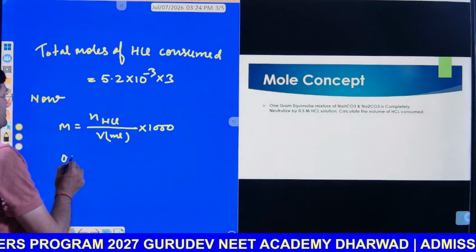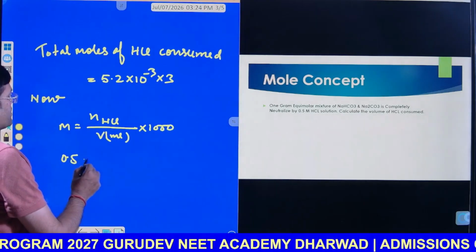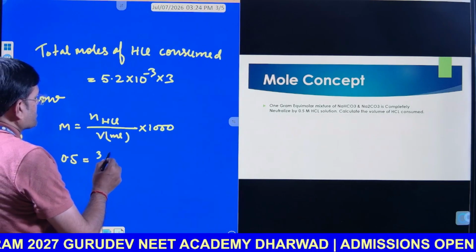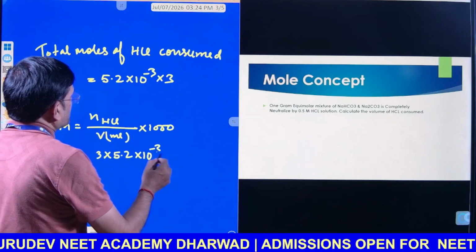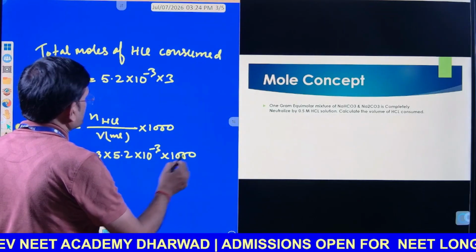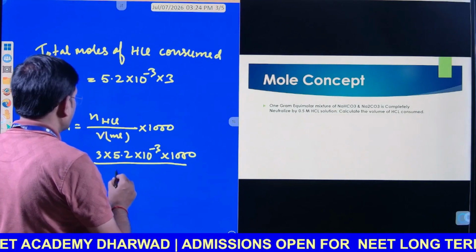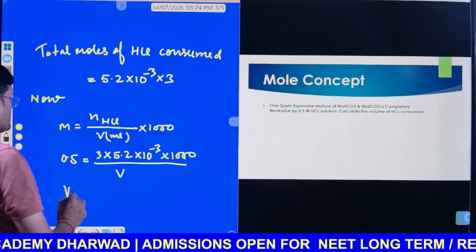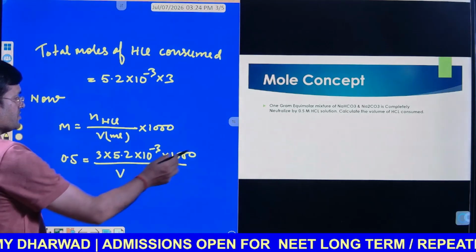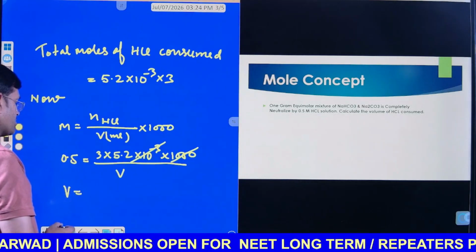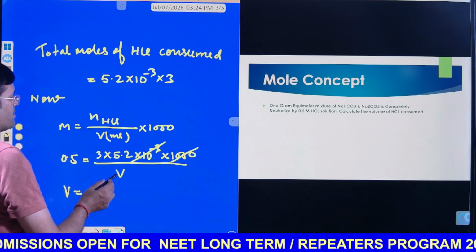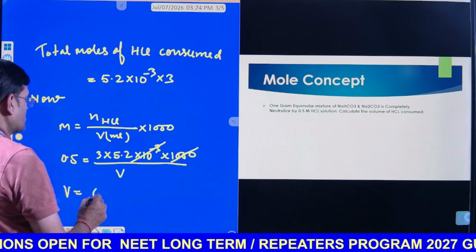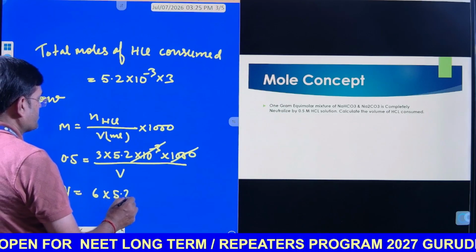Molarity of HCl is given as 0.5, right? Number of moles we have just calculated, so 0.5 equals 3 into 5.2 into 10 to the power minus 3 into 1000 divided by V. So V comes out to be, this is going to be cancelled with this one and this will come here. So 0.5 means one by two, so 6 into 5.2.